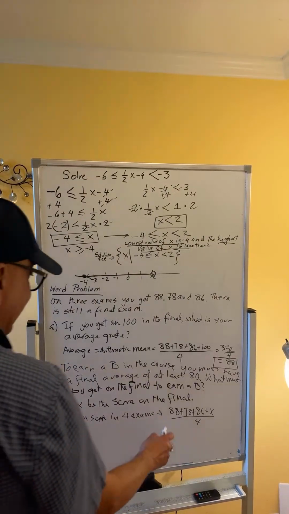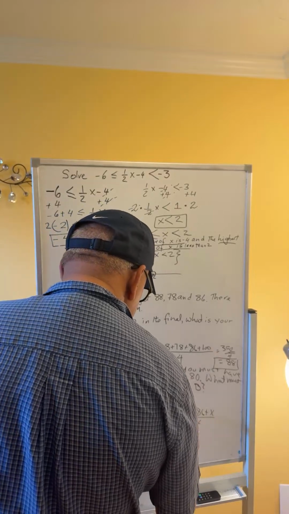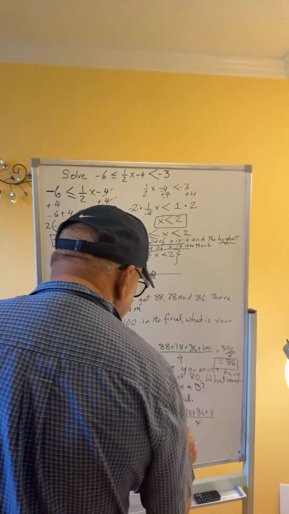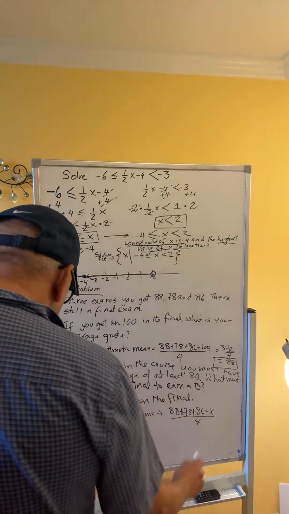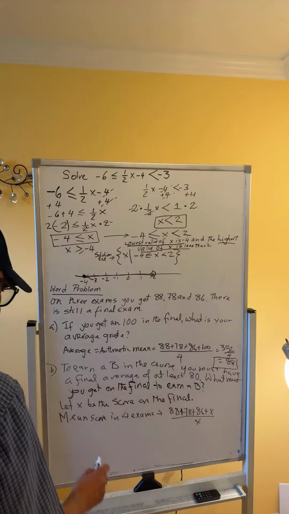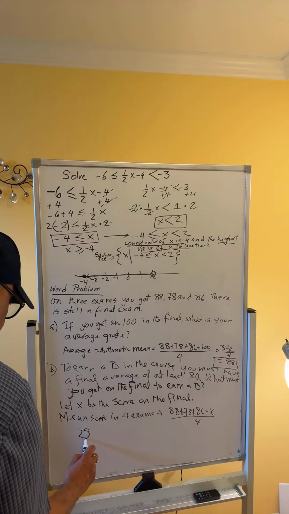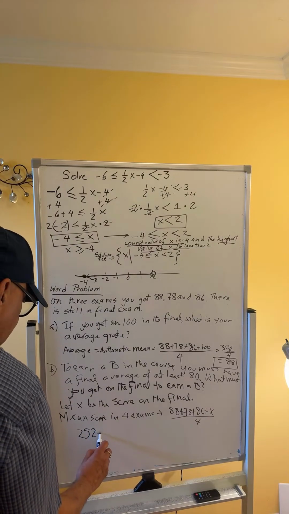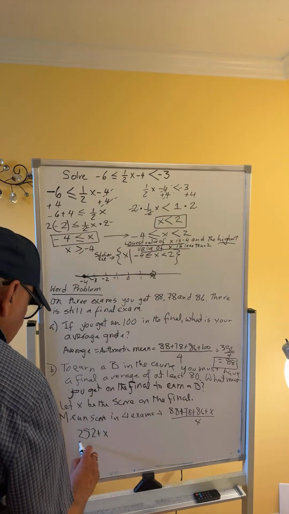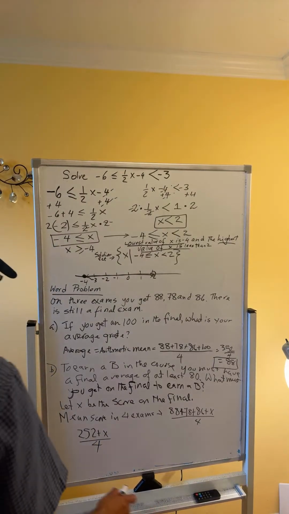So 88 plus 78 plus 86, the sum of these three numbers, adding the first three scores, you get 252. So 252 plus X divided by 4, and you must get at least 80.